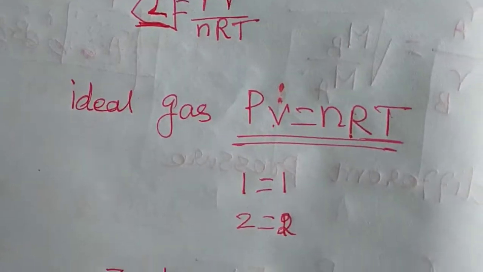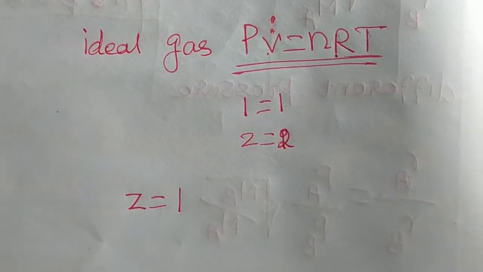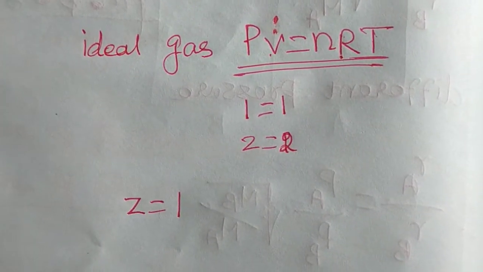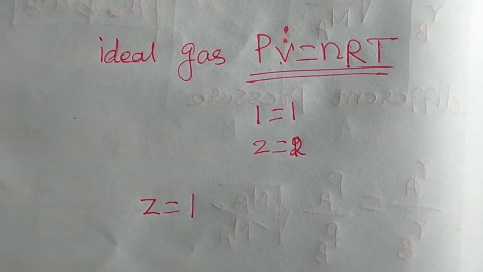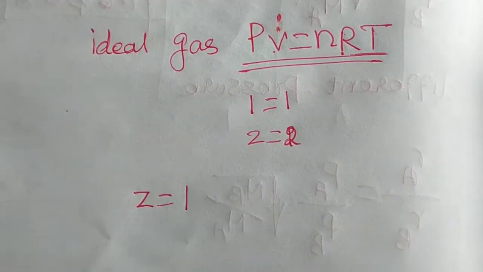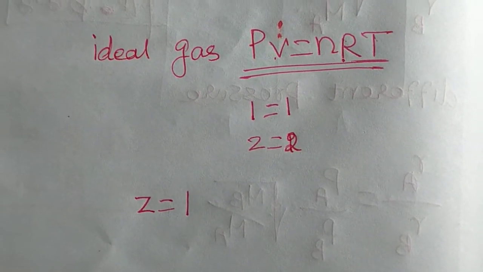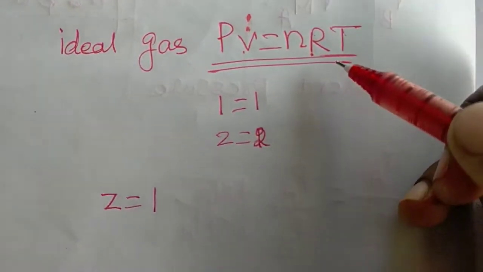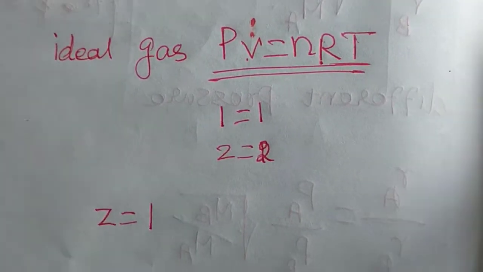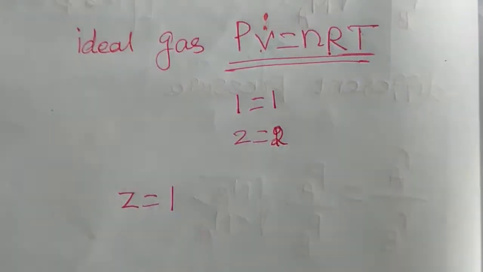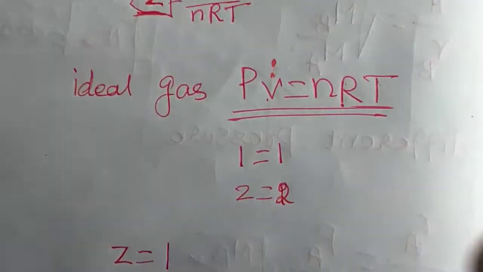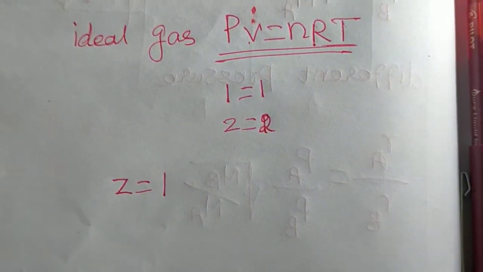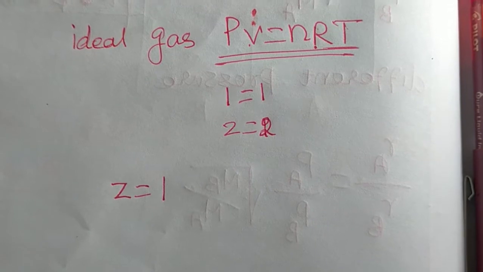So what is compressibility factor? When you compress or expand the gas molecules, you get some ratio between pressure, volume, and number of molecules with the temperature and universal gas constant R. That means PV is equal to nRT. Compressibility generally means compressing or reducing the volume of a vessel containing gas particles.